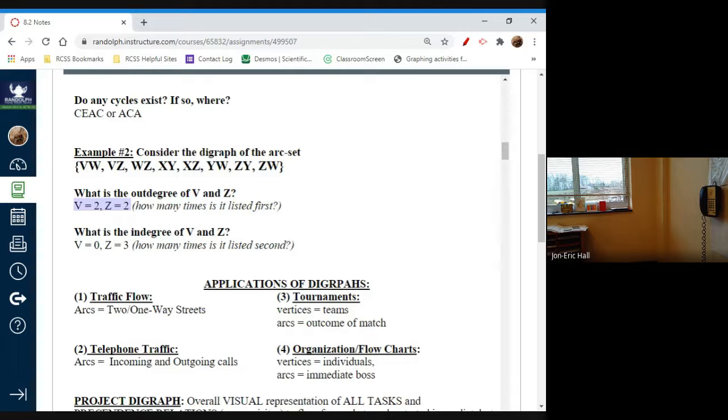I don't need a graph for that. If they give me the arc set, I can just look at out degree, how many times is it listed first? Which means that if I look at in degree, how many times is it listed last or second? Well, V is listed last none, and Z is listed last once, twice, 3 times.